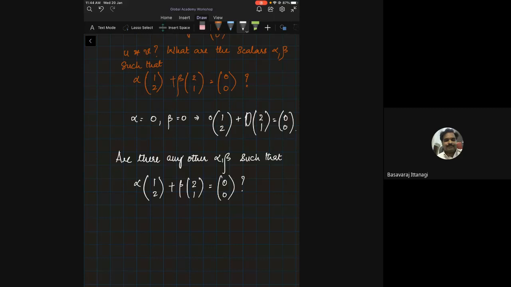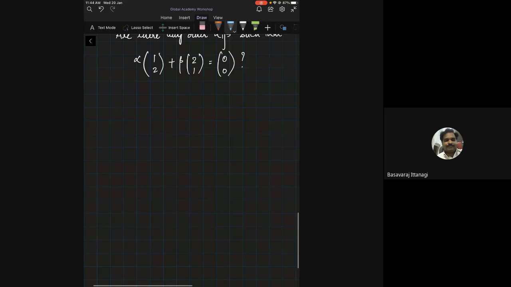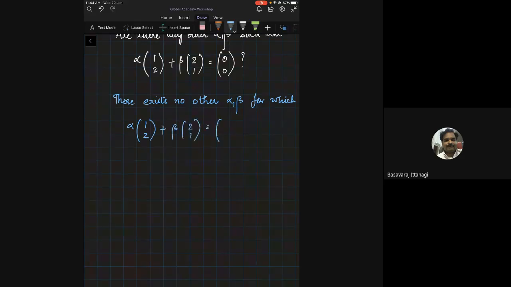No, sir, it is not possible, sir, actually. Not possible. So we'll write this. Geometrically they are independent. Exactly. So there exists no other alpha, beta for which alpha times (1, 2) plus beta times (2, 1) is (0, 0).